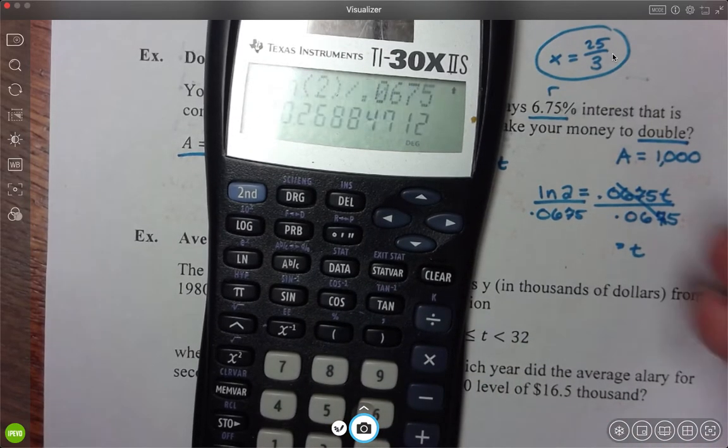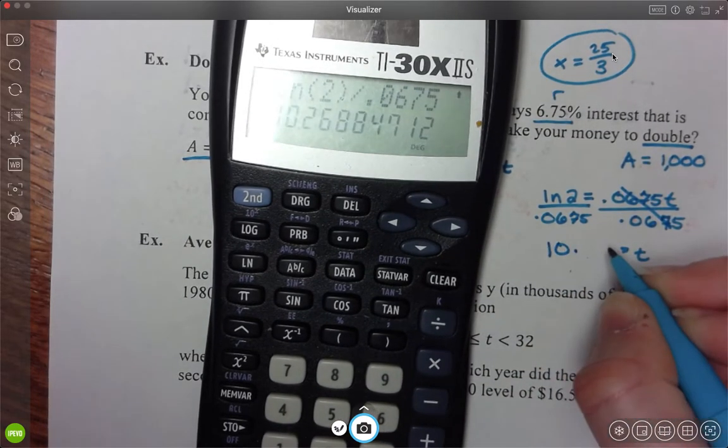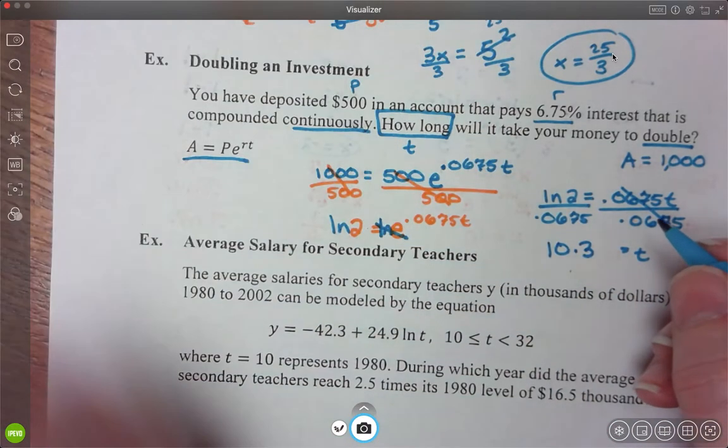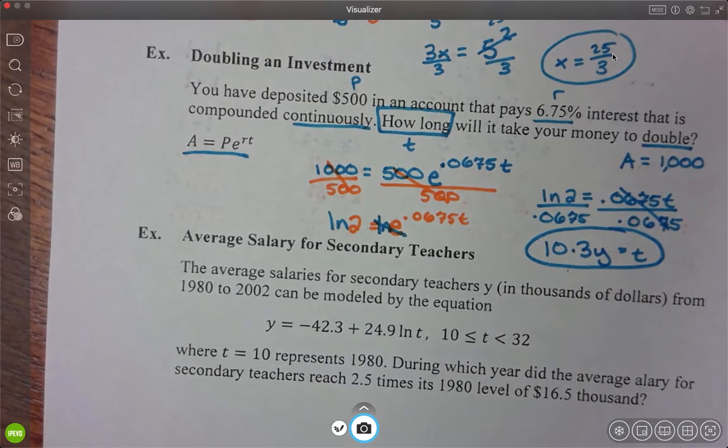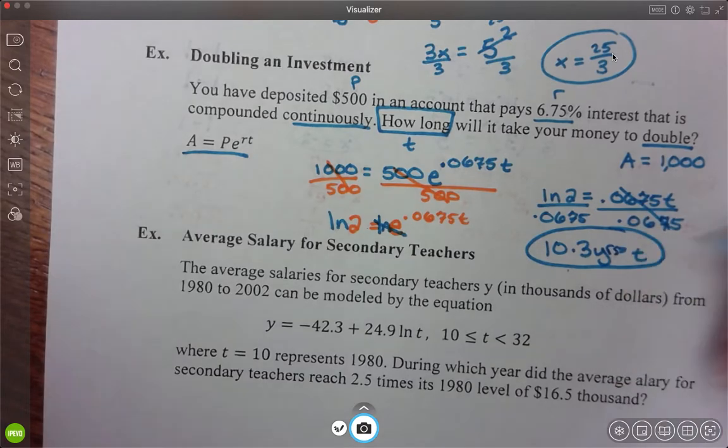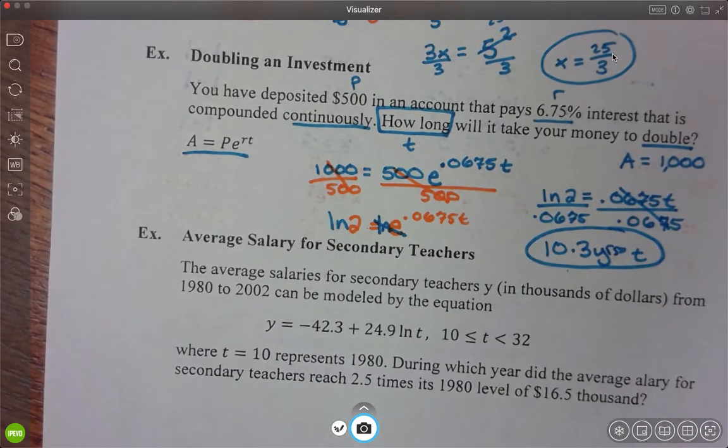And that will give me 10.3. And it says how long. Compound interest equations are always set up per year. So it will be 10.3, I'll put years in there instead of just y. So 10.3 years is how long it will take.